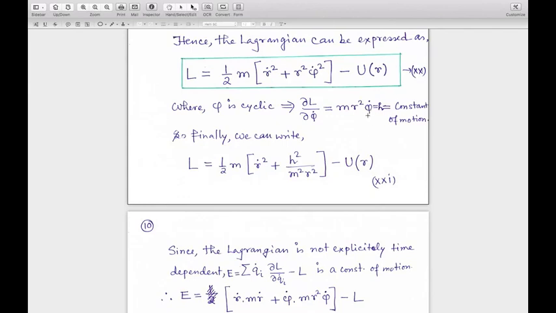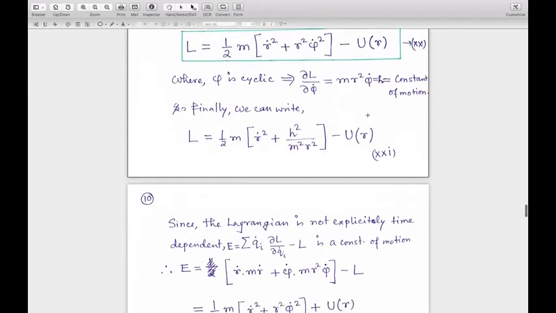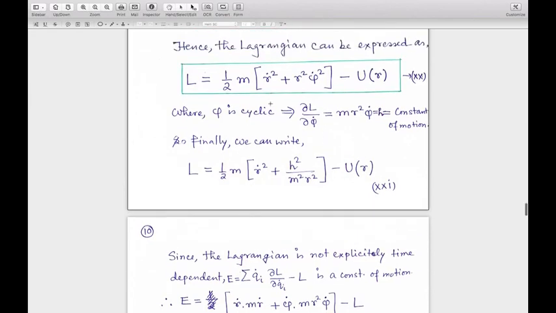So this is a non-holonomic constraint. After reducing the Lagrangian and solving the Euler-Lagrange equations for phi, you can write the Lagrangian in this simplified form. But directly from the beginning, just by using that, you cannot reduce phi dot in terms of r. This is what I was trying to say about holonomic constraints.